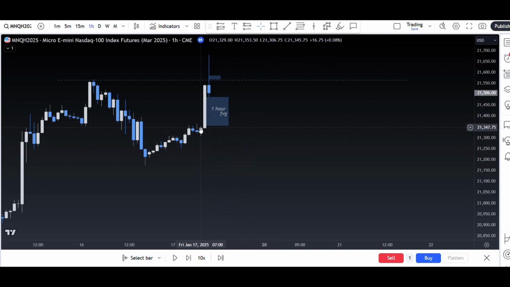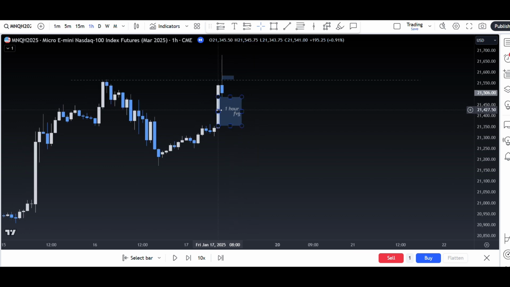The fair value gap is from this candle's high to this candle's low. All of this space on this middle candle here in between this candle's low and that candle's high is a fair value gap. Those act as magnets for price to want to come back into.